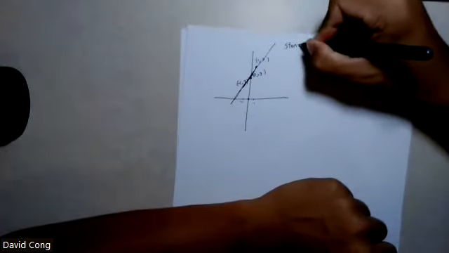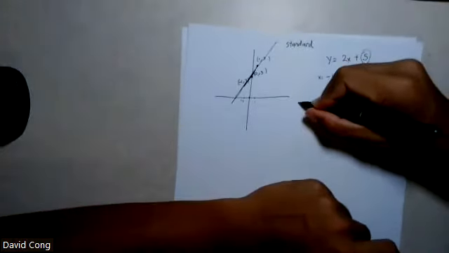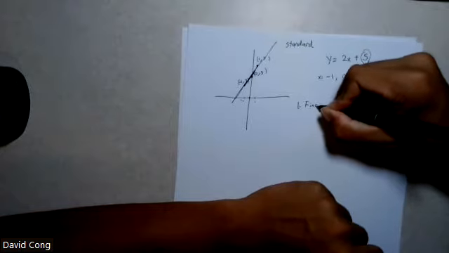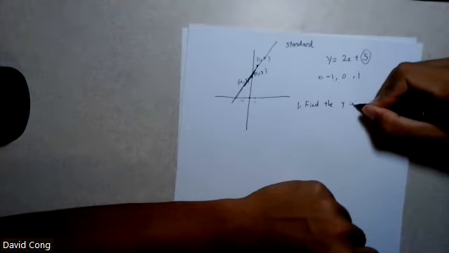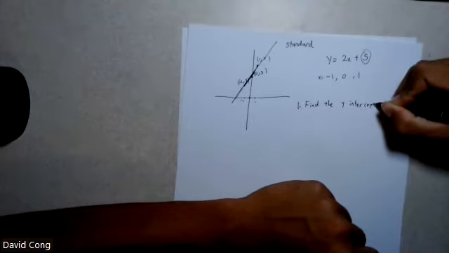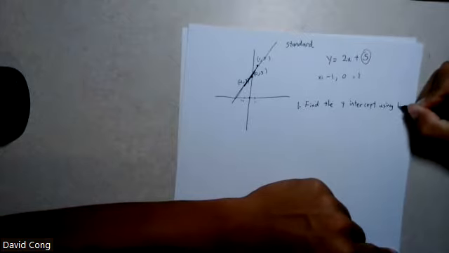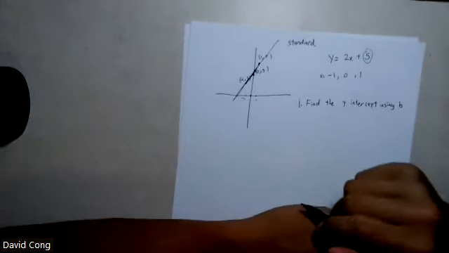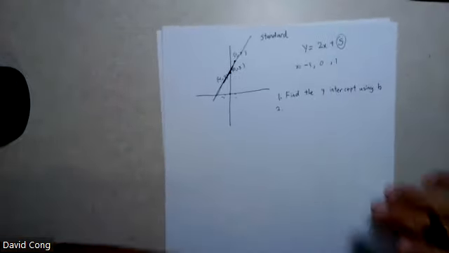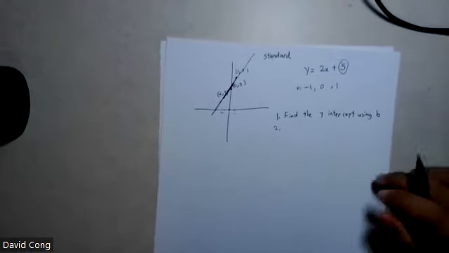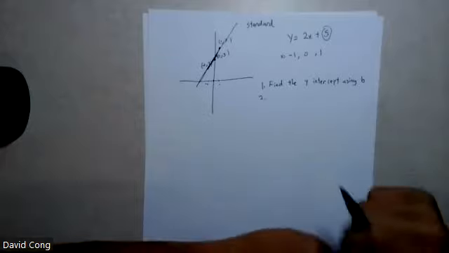This is for standard. We would, so our first step is, and then we go to the second step. Try to straighten that out a bit. That was the wrong way. Okay.